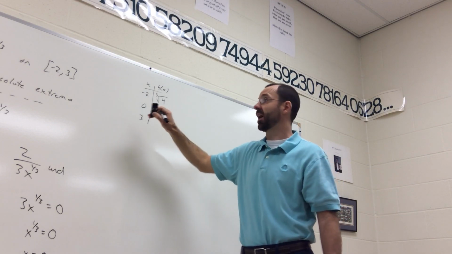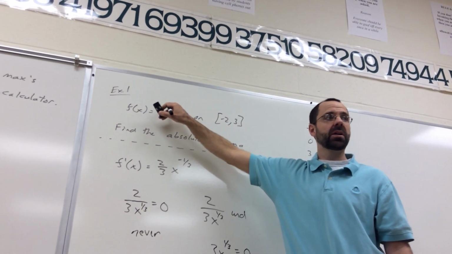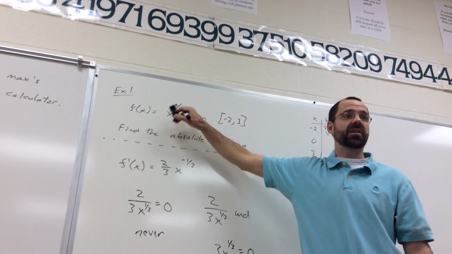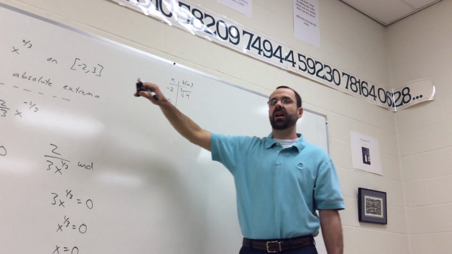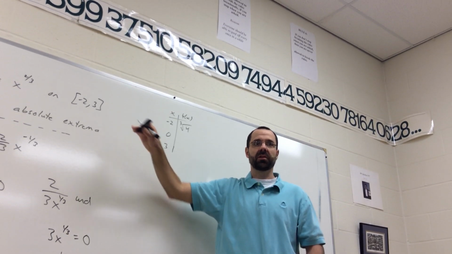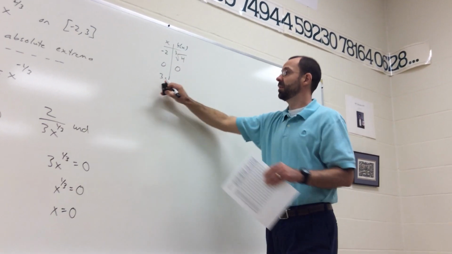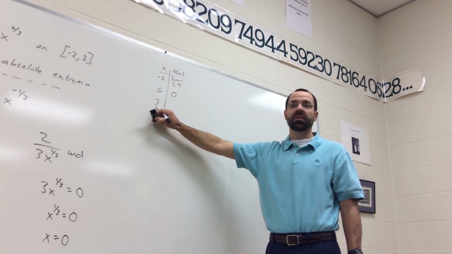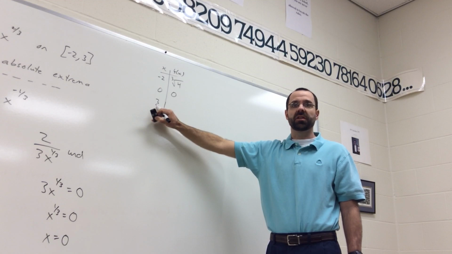So again, how I got that is I took -2 and squared it, and that's 4. And then the 3 on the bottom of the fraction means cube root. Okay, then for 0, obviously 0 squared is 0, and then the cube root of 0 is 0. So the answer for 0 is 0. And then for 3, 3 squared is 9, and then the cube root of 9.